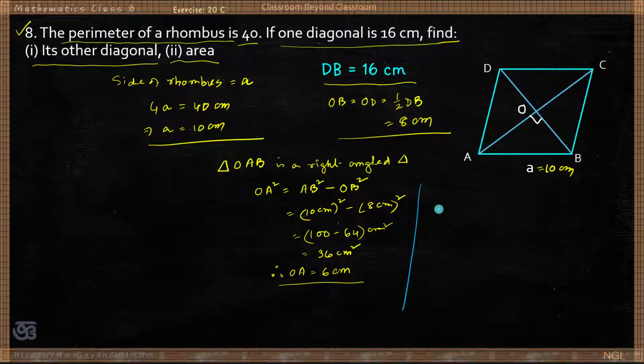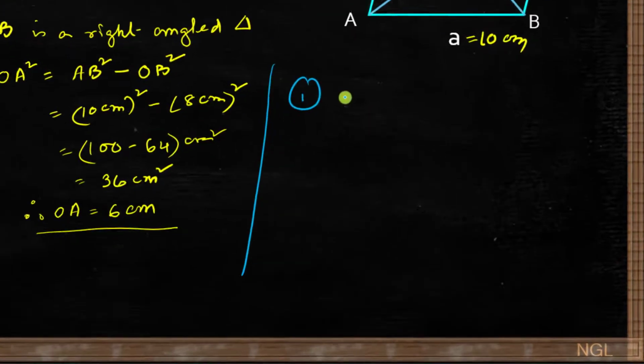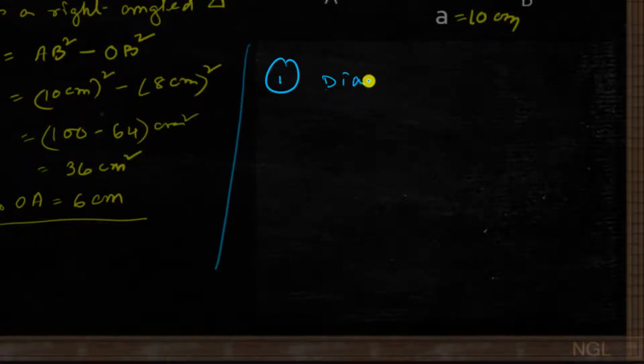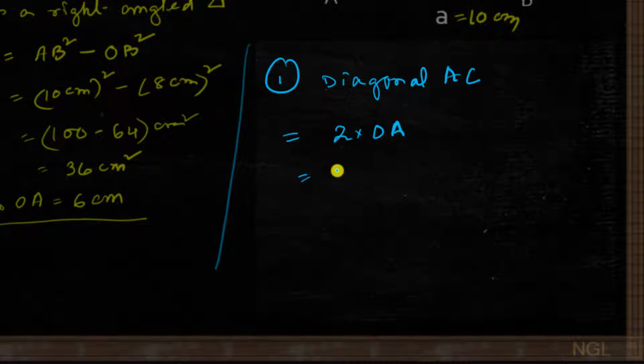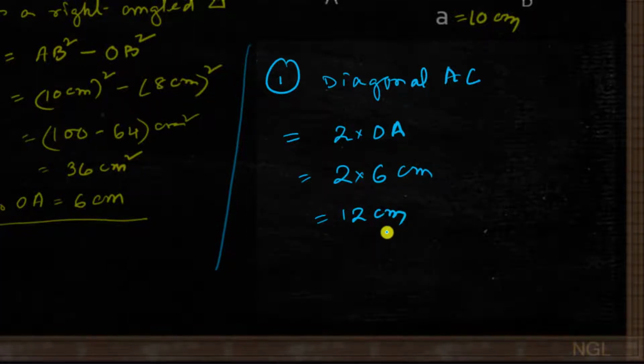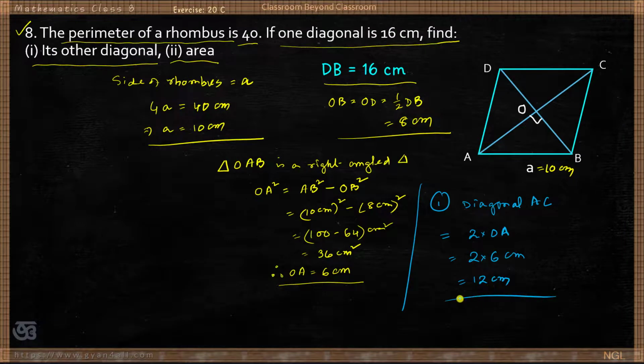So we can find out number 1, the other diagonal. The other diagonal AC is equal to twice OA, because O is the midpoint of AC also. So this is equal to 2 multiplied by OA, 6 centimeter, and this is equal to 12 centimeter. So the other diagonal is 12 centimeter long.